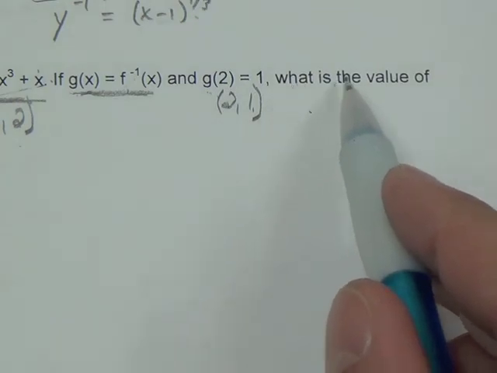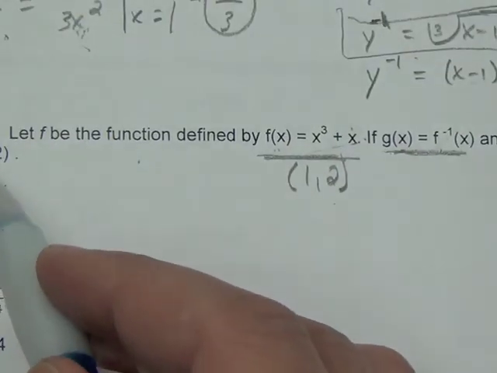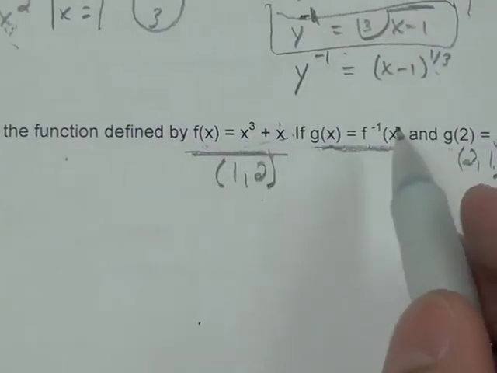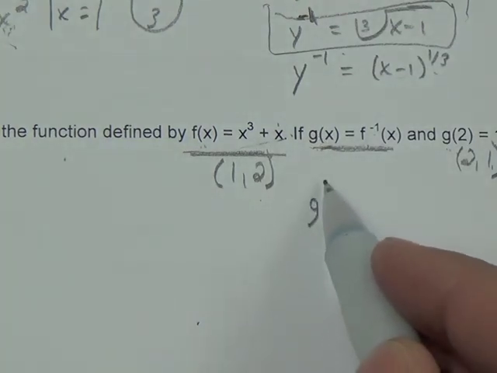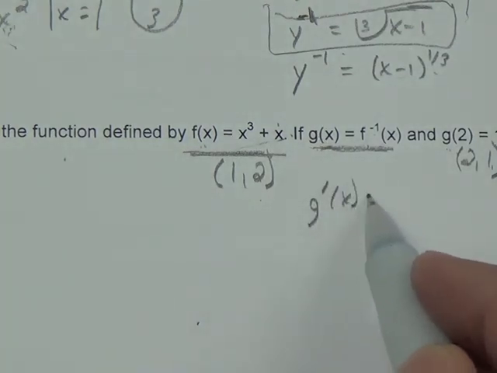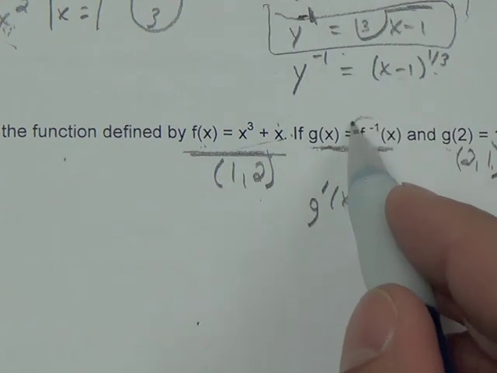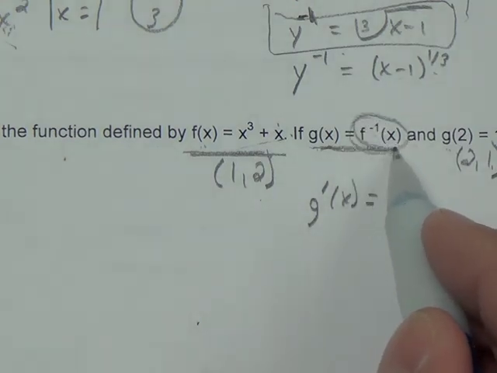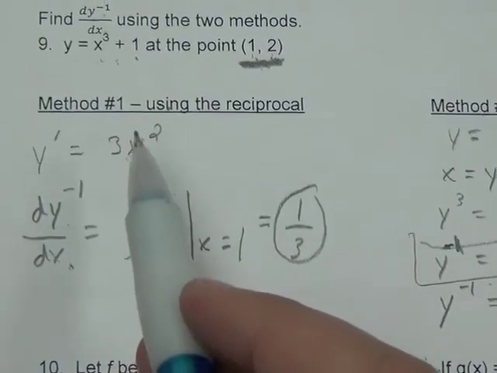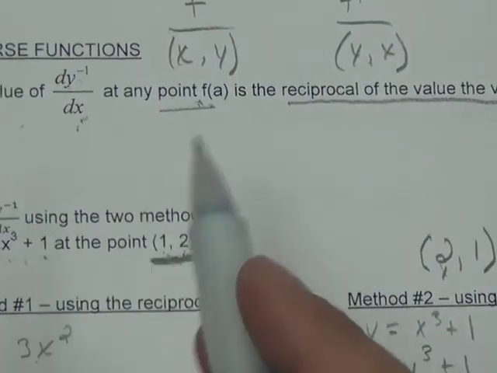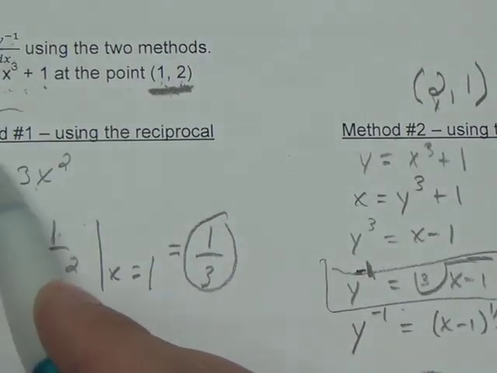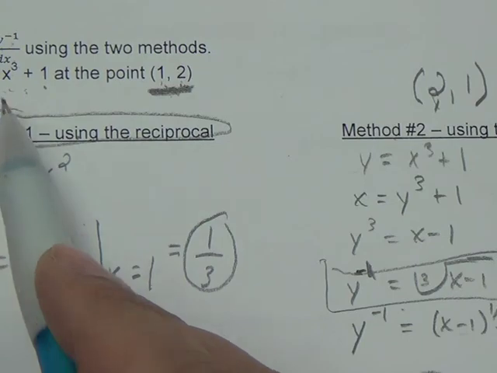The question is then asking, what is the value of g primed of 2? So over here, to take the derivative of g is equivalent to taking the derivative of your inverse. So the derivative of an inverse is what we're doing up here. We would like to use your reciprocal.